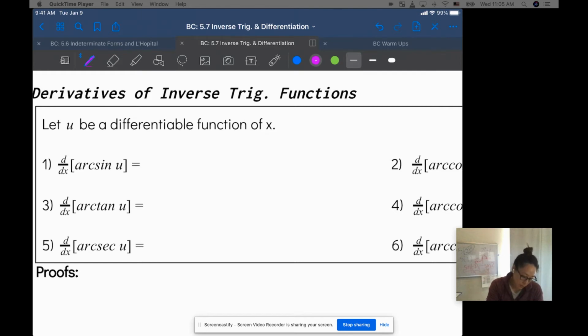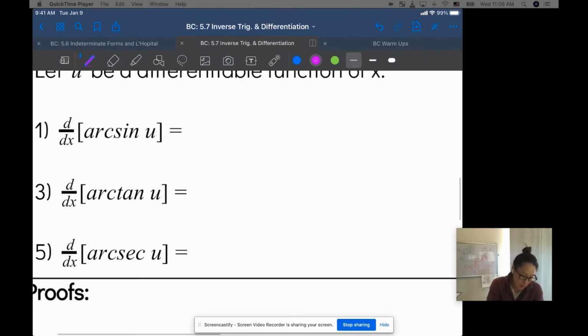So the derivative of arc sine of u is du over dx over the square root of 1 minus u squared. Look familiar? A little bit. You can also call this u prime over the square root of 1 minus u squared.